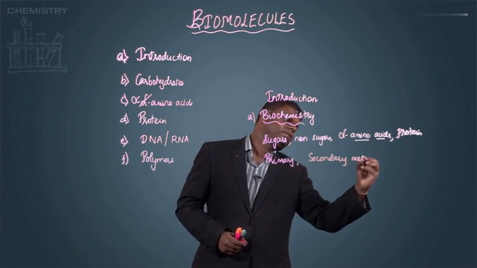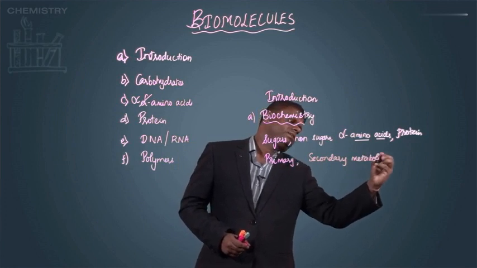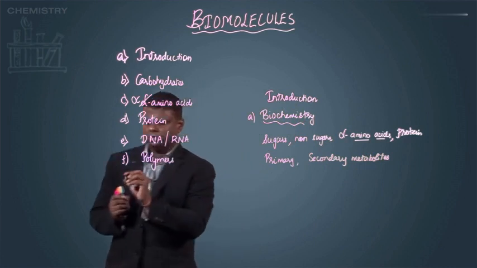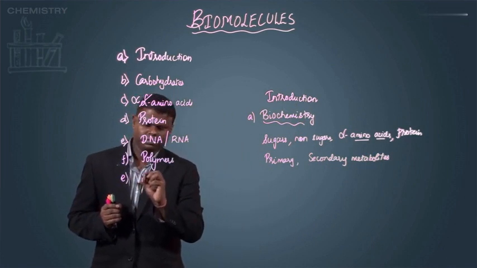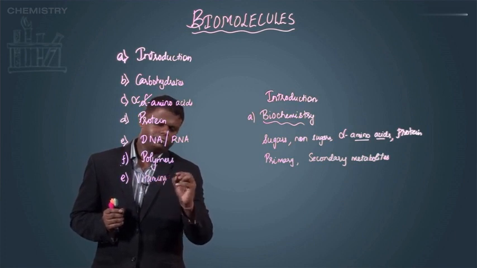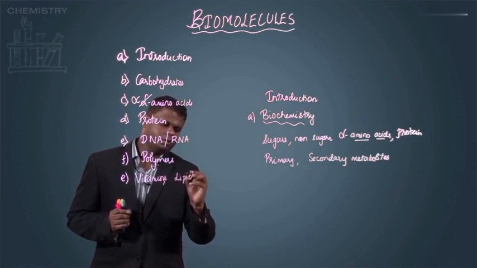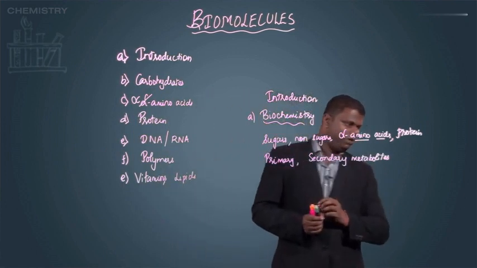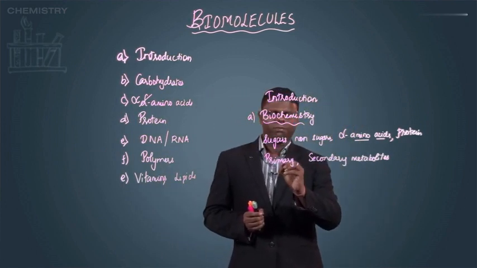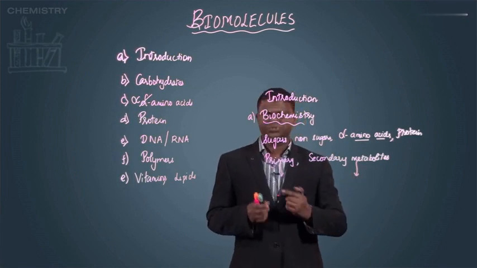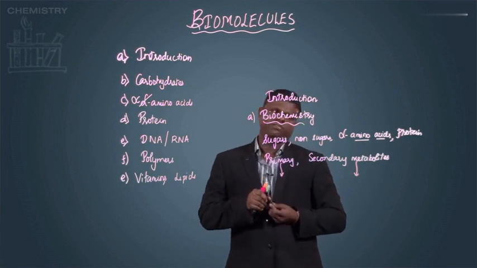Something which we will also study a little bit, but not too much, is vitamins and lipids, and even complex carbohydrates. Primary metabolites are used for growth and development, while secondary metabolites do not have that much importance; a body can survive without them.